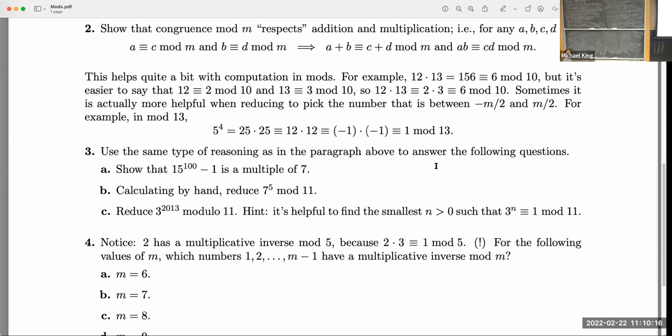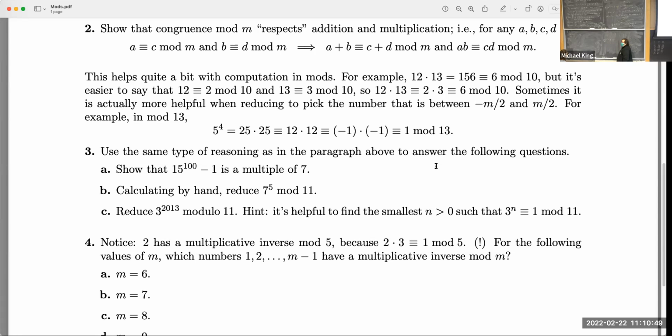I think I must have done a bad job explaining this. So what I'm trying to say is you can reduce the 15. You don't have to worry about taking the 100th power.